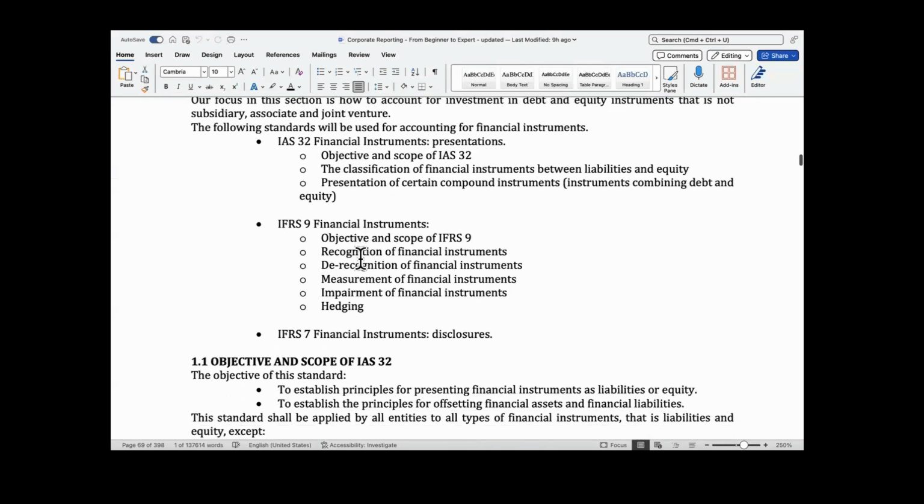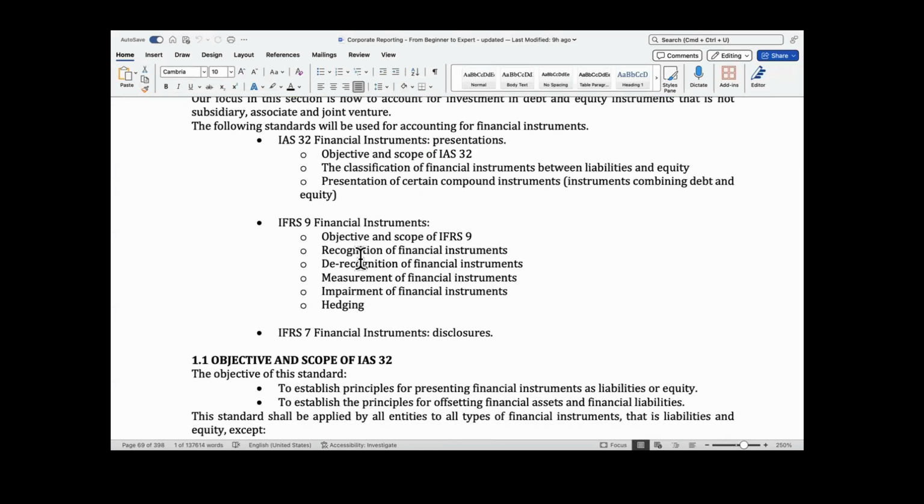Now, in teaching you this, I'll be using two major standards. One is IAS 32 that talks about financial instruments presentation.